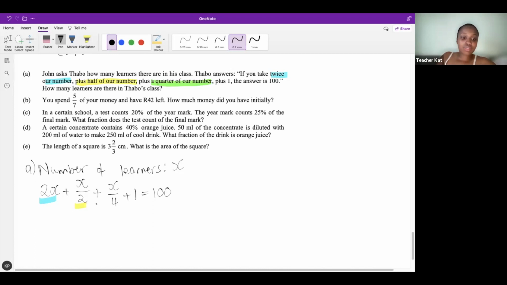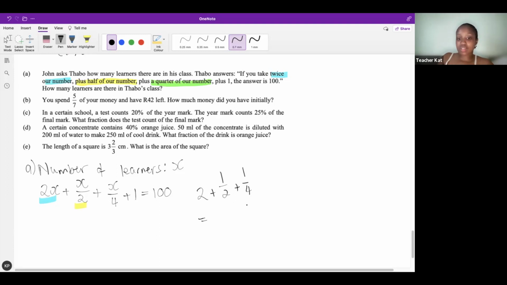Now I have x here and I have a number sitting there on its own. Let's first simplify the x's because they are the like terms. So it's like saying 2 plus a half plus a quarter. How much is that going to give us? 2x plus half a x plus a quarter x.